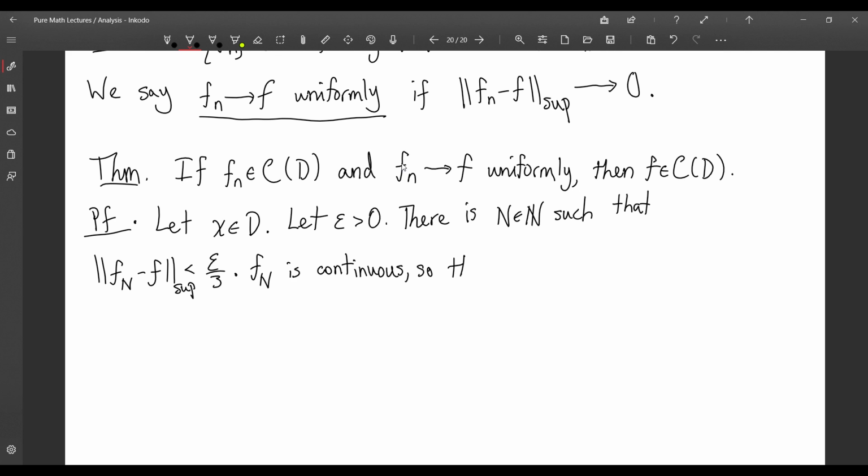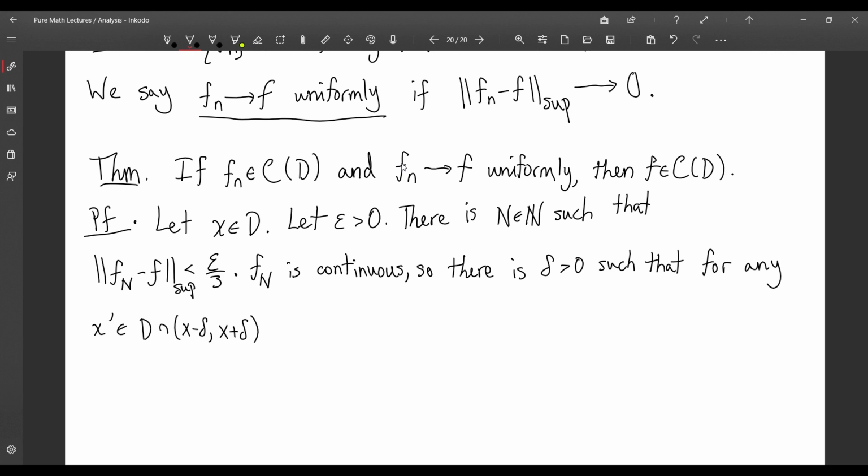So there is delta greater than 0, such that for any x prime which is in D and also within delta of x, so I have to write it like this.